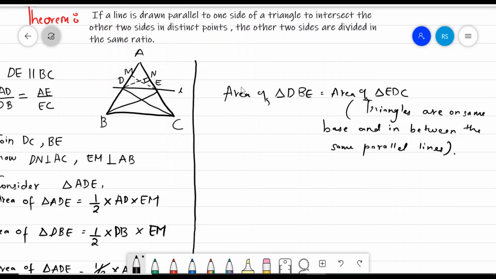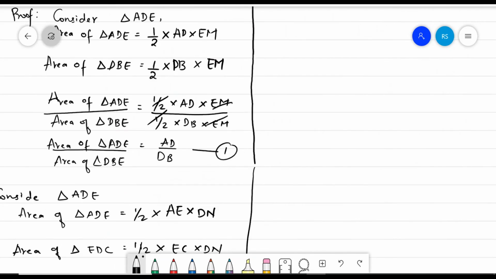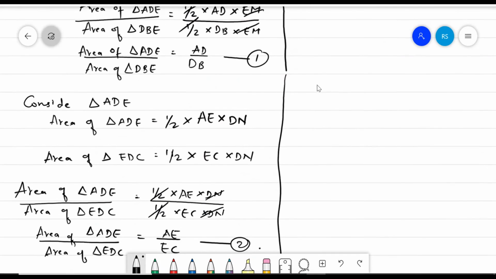With this, what will equation 2 become? Instead of EDC we can write DBE.